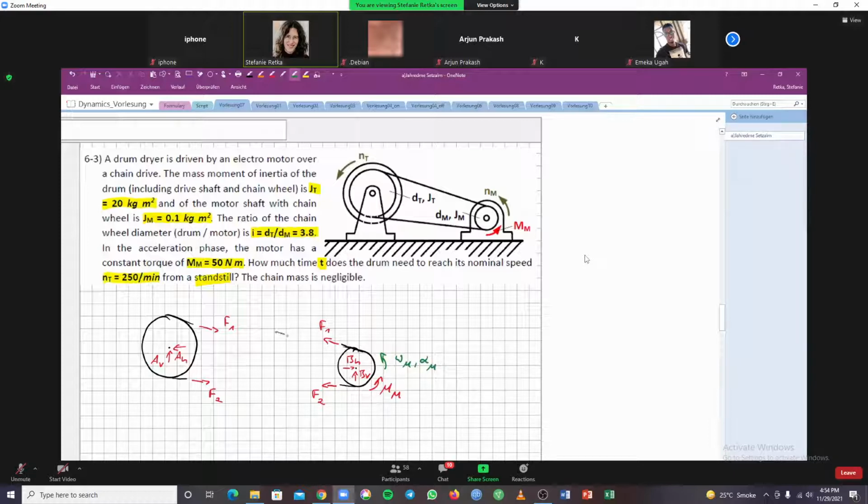Then the chain moves to the left in the upper part. And then on the drum, we have omega t and alpha t, angular acceleration and velocity of the drum. And then the chain moves to the right on the lower part.